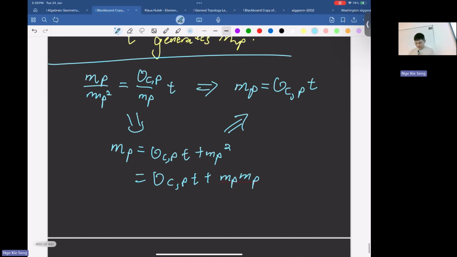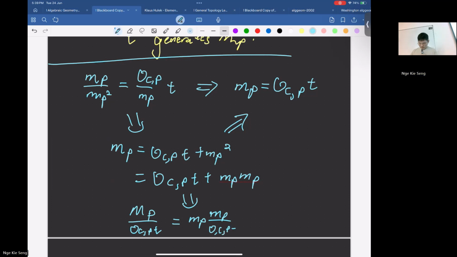Maybe this is not very apparent, so let's move a bit further. Let's say we want to do MP over OCP times T equals MP over MP times MP over OCP times T. What's this?